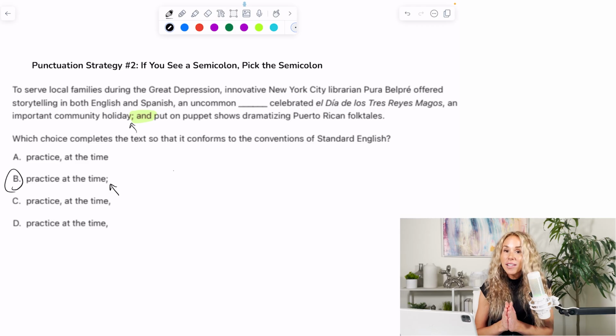Now, just a heads up, I have seen one question where there were semicolons in the text and the answer was not a semicolon. This was because there were already two semicolons in the text separating out the three pieces of information. And it turned out on that question, you actually needed a colon. So that's another thing I want you to keep in mind.